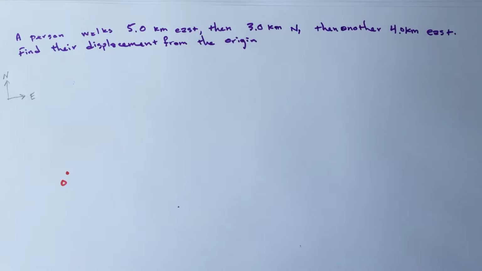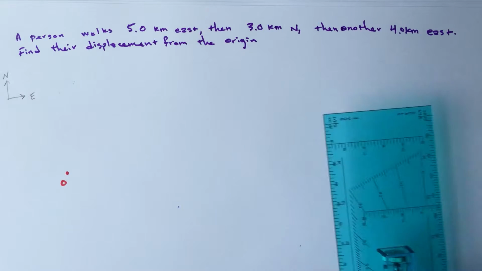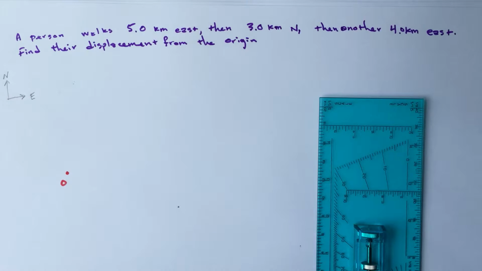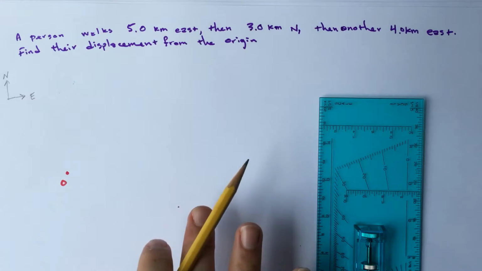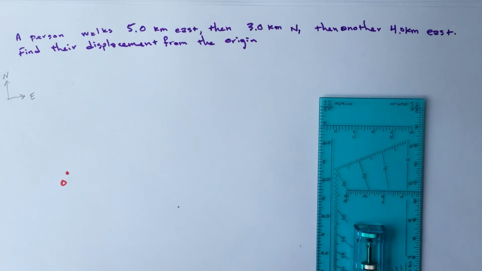All right. Next, we need to define some kind of a scale. The scale is your own decision, how large a scale you want to use when you solve vector problems graphically, but you need to stick with your scale. You can't change your scale halfway through the problem.